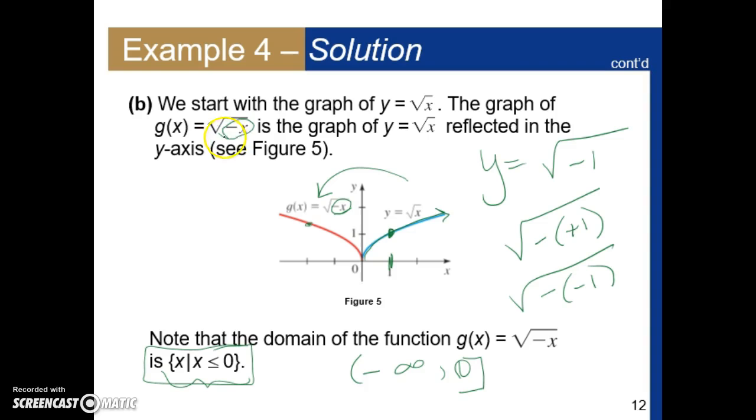So for this particular function, the square root function, when we say that we are going to put input values in there, all of those input values better be negative, because we can't have a negative under that root sign. So that's why the domain of this function, when it gets reflected over that y-axis, has to be all negative input values and 0.